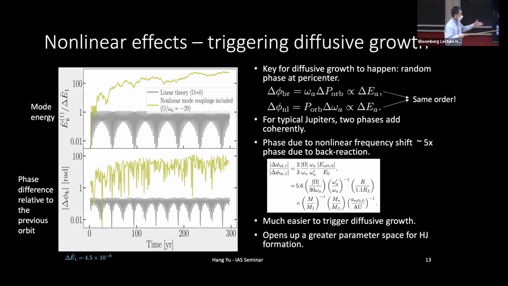But for the exact same system, as soon as we put in this nonlinear interaction, it adds a little bit to the random phase. Now the phase difference is sufficiently large, greater than 1 radian, and that triggers the mode energy to enter this diffusive growth phase. Very quickly, the mode energy builds up to a large value, and this can eventually lead to efficient tidal dissipation.